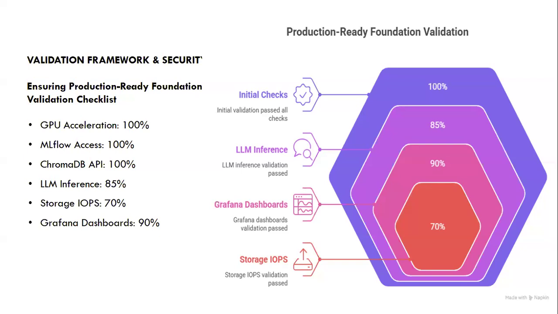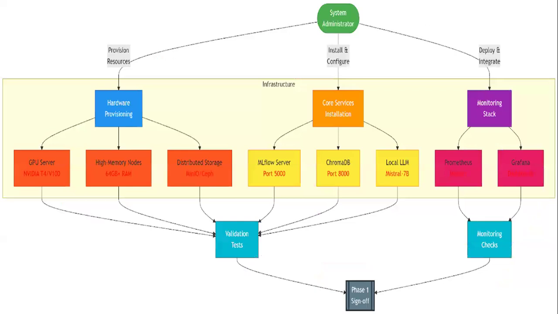Now, moving to the next slide, here is the overall workflow flowchart representation. We have system administration and hardware provisioning, as we discussed: GPU, high memory nodes, distributed storage. NVIDIA GPU is required with 64 GB RAM, and distributed MinIO. For core services installation, we require the MLflow server, ChromaDB, and a local LLM.